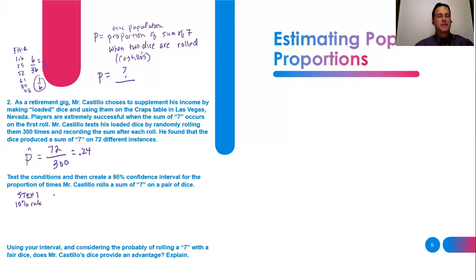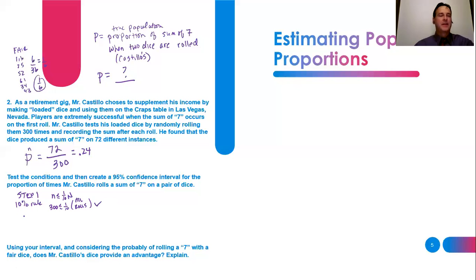Remember, this is little n is less than or equal to 1/10 the big N. Your little n is 300. Your big N are all dice rolls. And what we're kind of asking is, can you roll a dice or a pair of dice more than 3,000 times? You certainly can. And if you do that, you'll satisfy this 10% condition for standard deviation.